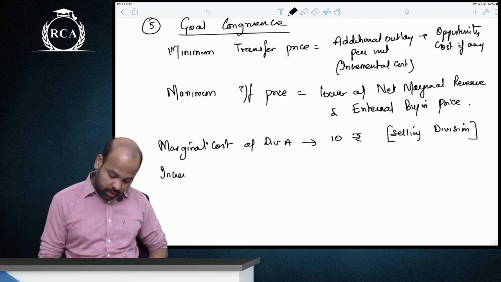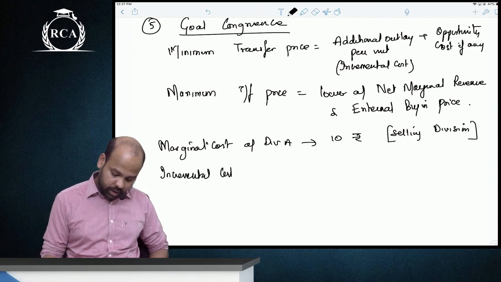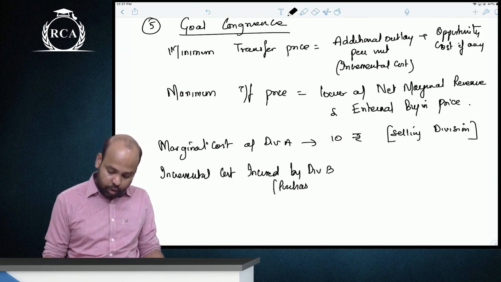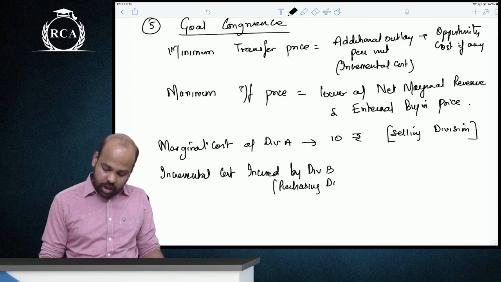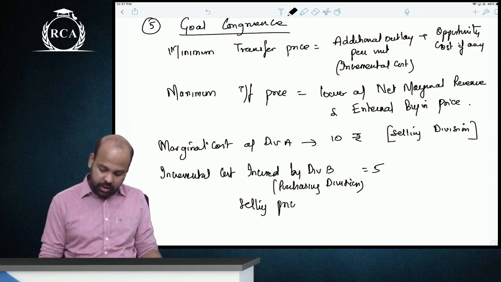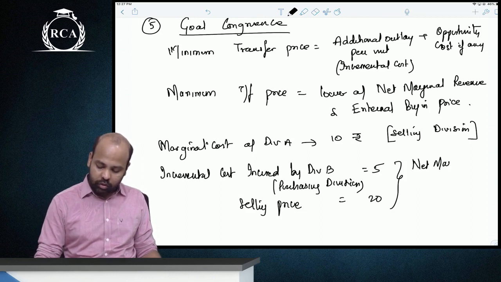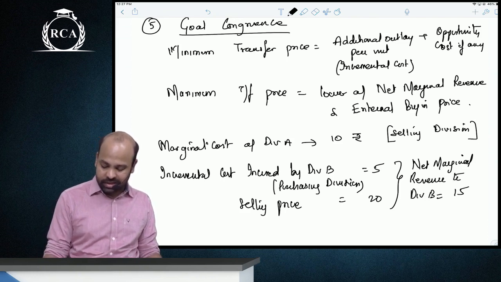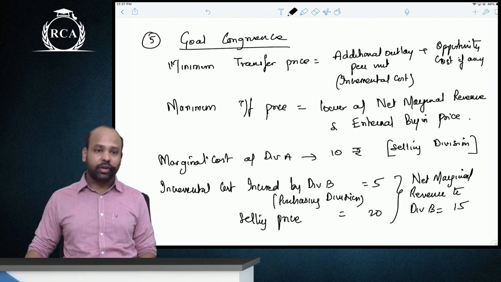The incremental cost incurred by division B, which is your purchasing division, is this: division B is purchasing the component from division A. Apart from paying whatever is the transfer price to division A, they will have to incur 5 rupees, and the selling price of division B is 20 rupees. I can say that the net marginal revenue to division B is 15 rupees. This is the information that is going to remain constant for the entire question.